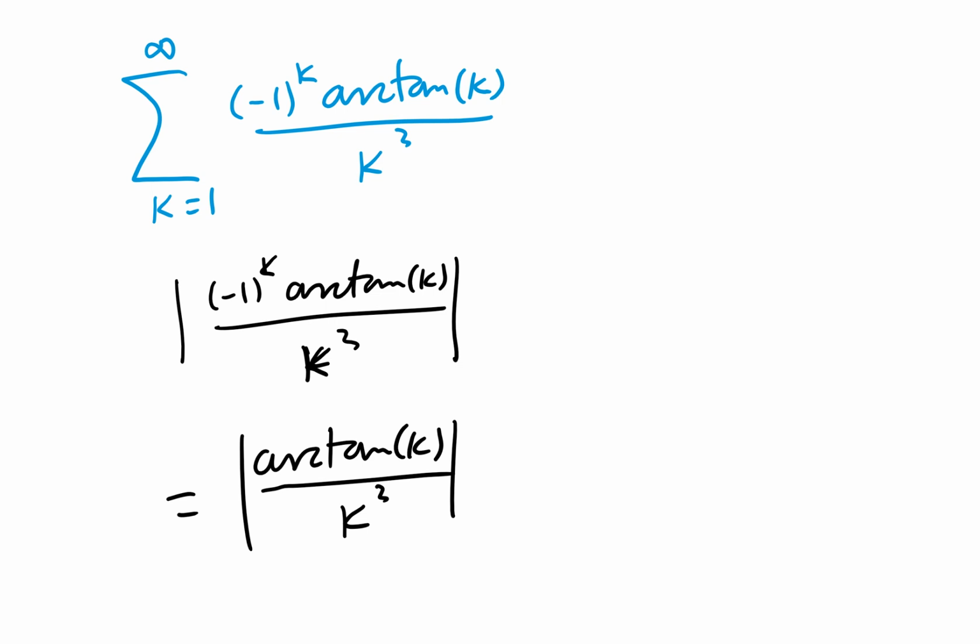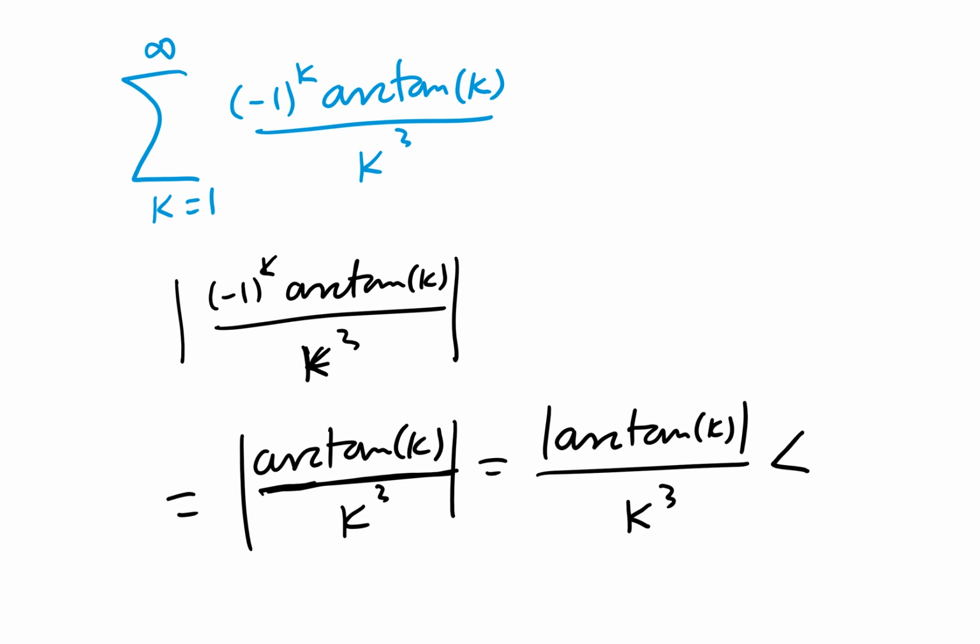So what's next? How do I know if this converges or diverges? Well, we already told you earlier, one thing you can do, this is just arctangent of k over the absolute value of k cubed, which is k cubed, since k is positive. Now, we know the top part is less than what? Pi over 2, right? So that's over k cubed.